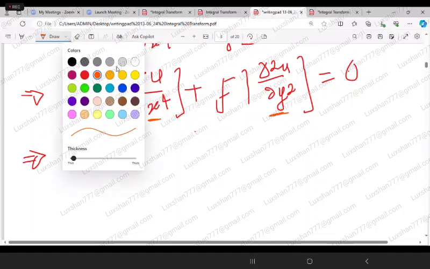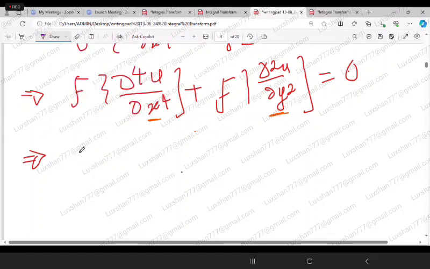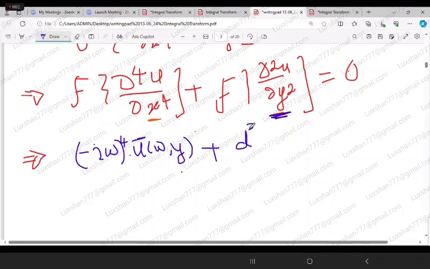Therefore, since it's the fourth derivative, this will become (−iω)⁴ ū(ω, y) plus, this is the second derivative with respect to y, so it is nothing but d²ū(ω, y)/dy² equals 0.